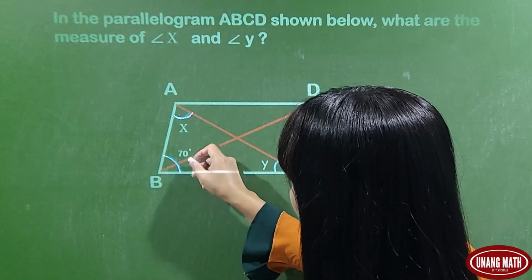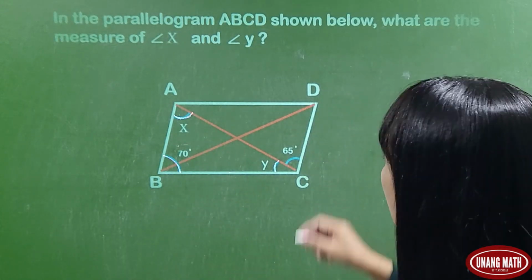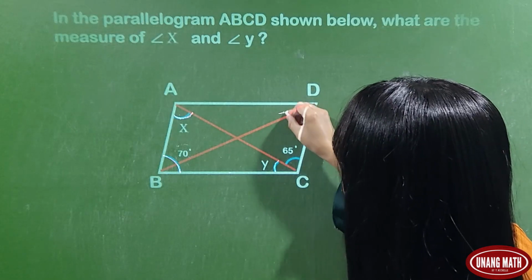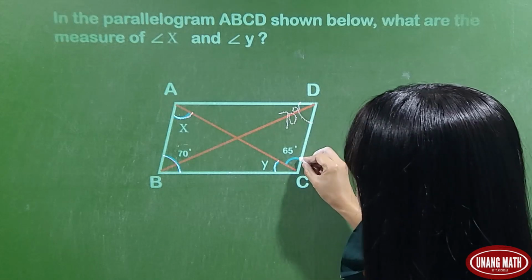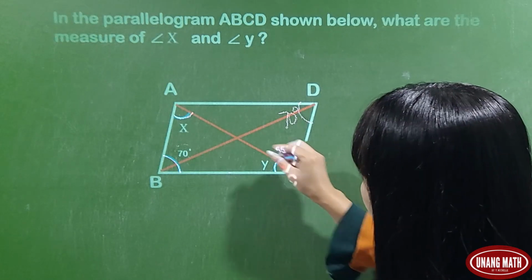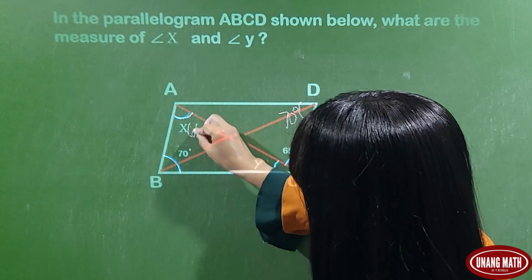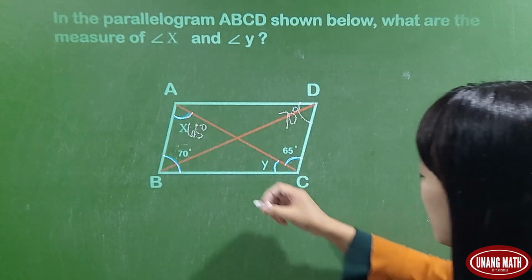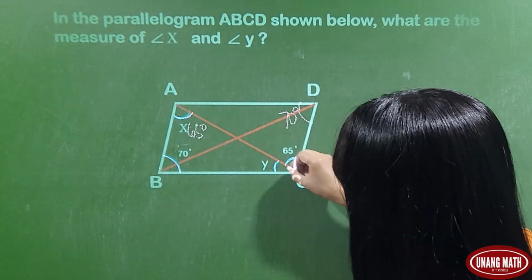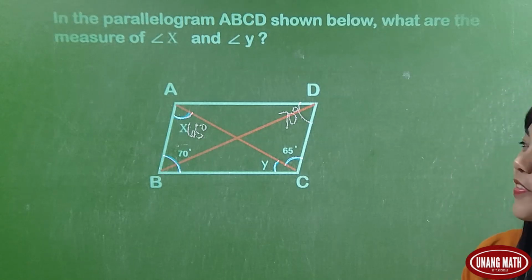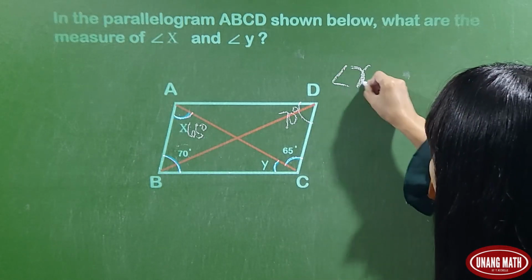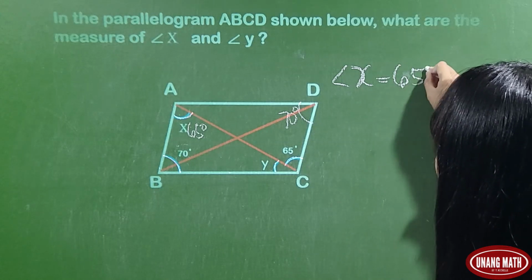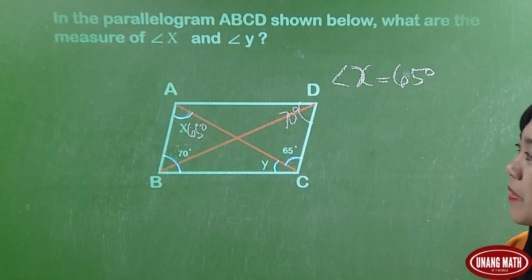According to this one, this is 70 degrees, so this is also 70 degrees. If this is 65 degrees, then angle X is also 65 degrees, because these two angles are alternate interior angles. So angle X is 65 degrees.